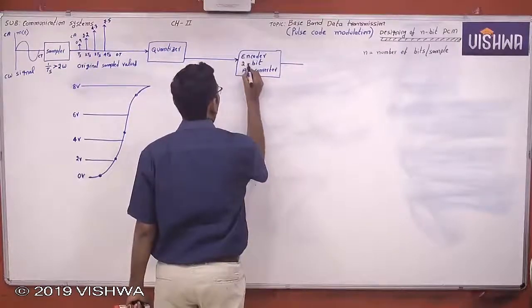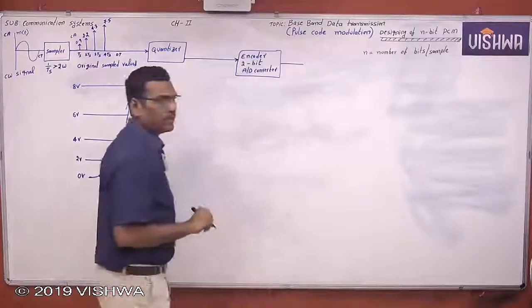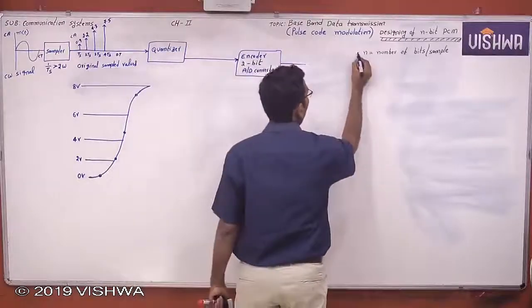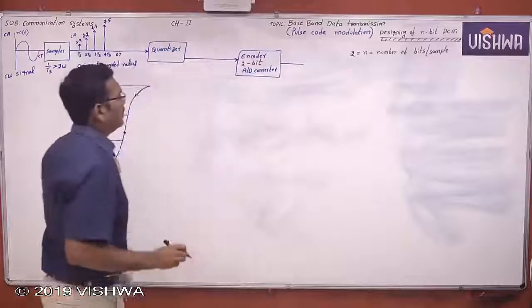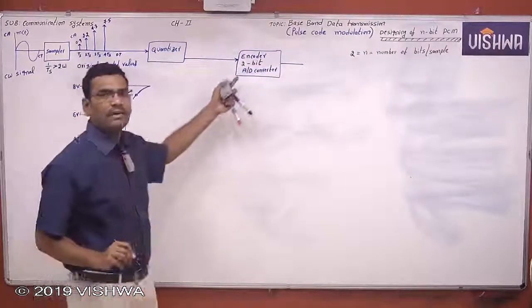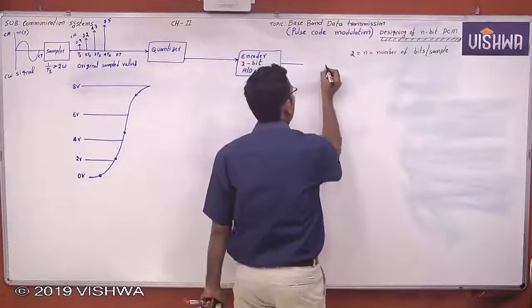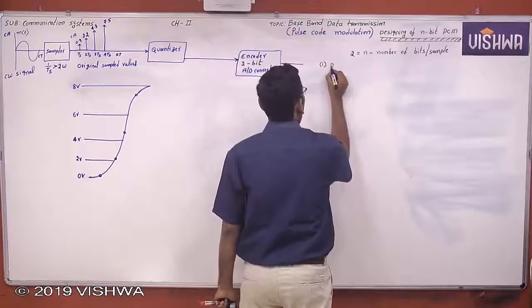So what is the n value? n value equals 2 here. Now this n equal to 2 is a 2-bit PCM system. So now I am designing a 2-bit PCM system. Now the first step is, what is the signal information? Step 1 is called the dynamic range.